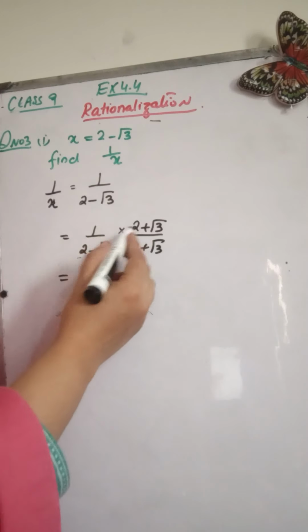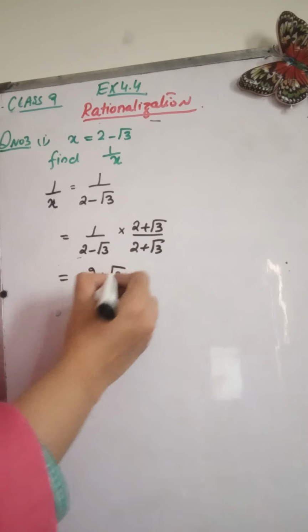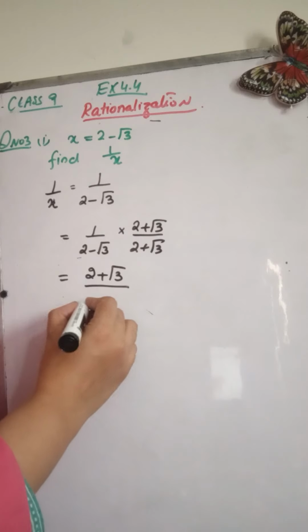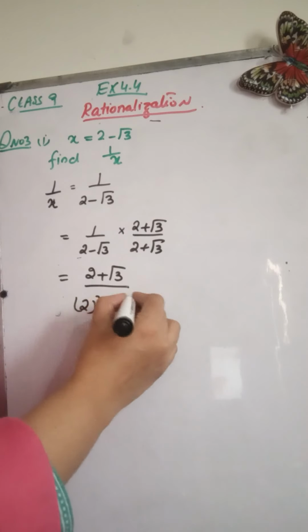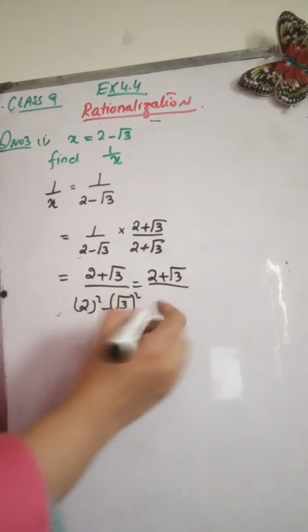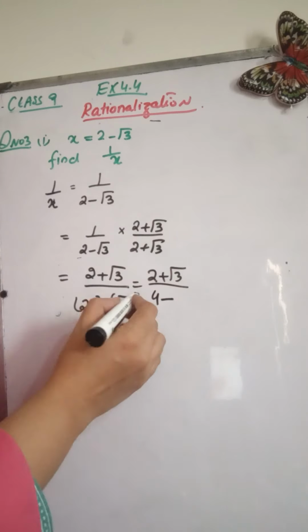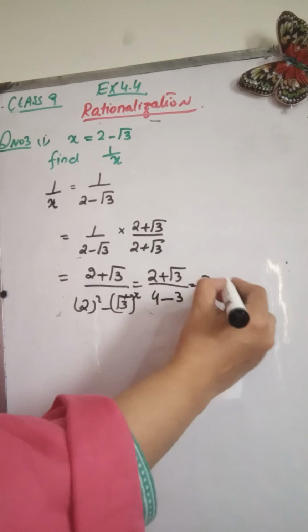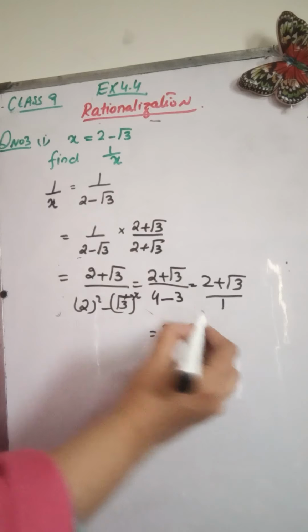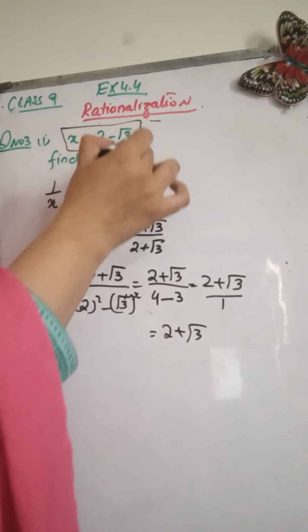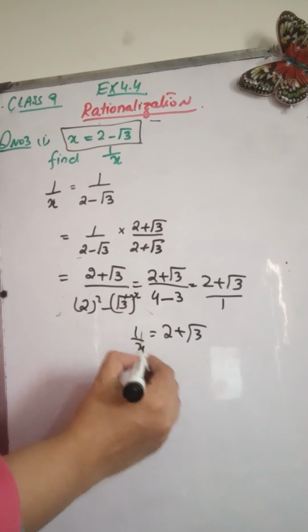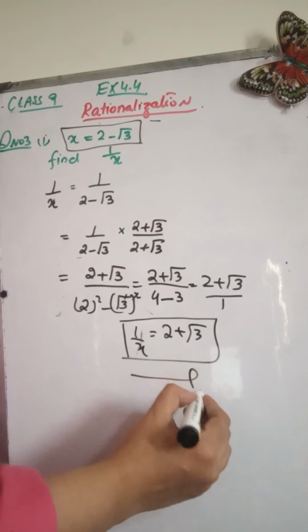Okay, so this will be 1 into 2 plus under root 3 over a minus b into a plus b, which will be a square minus b square. 2 square will be 4 minus under root 3 whole square will be 3, and we are going to get the answer 2 plus under root 3 over 1, which is equal to 2 plus under root 3. So if x is 2 minus under root 3, 1 over x is equal to 2 plus under root 3, and this completes the solution.